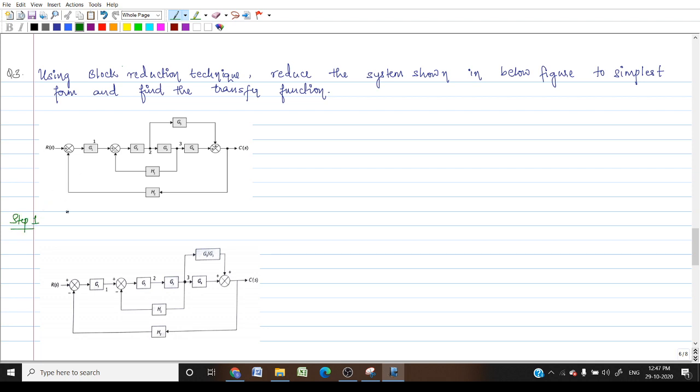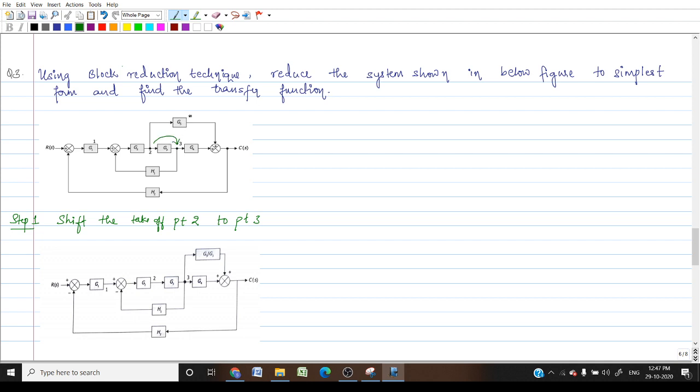Here we will shift the takeoff point 2 to point 3. Here you can see that this point is shifted towards 3.